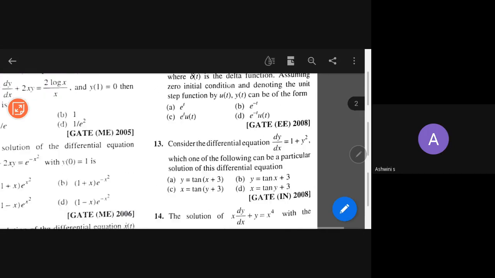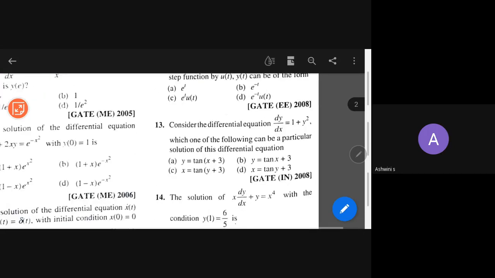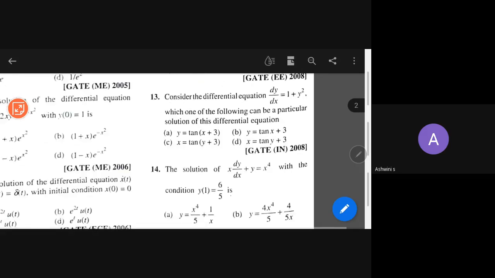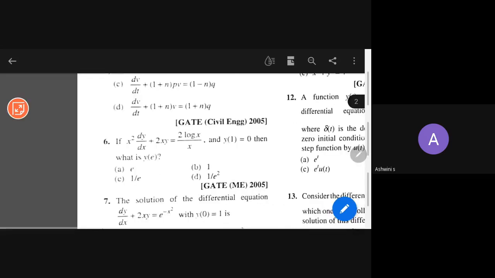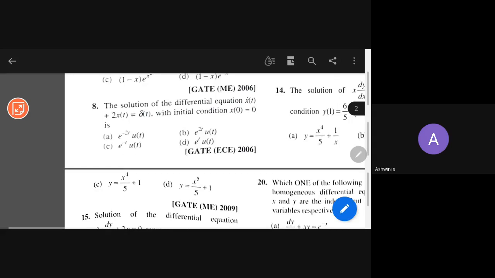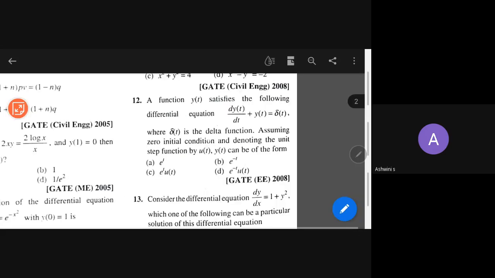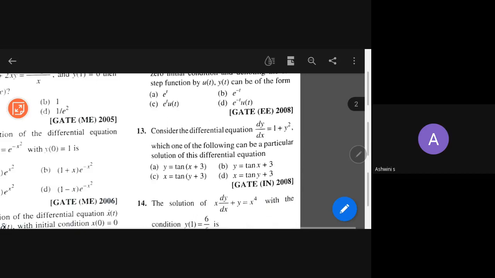We will see that in the next class. I think probably this 12th question and the 8th question are related. We will answer them separately. Okay, tomorrow we'll see that.